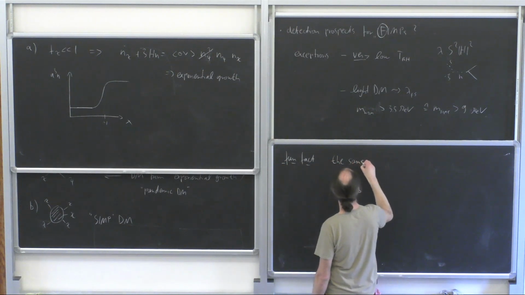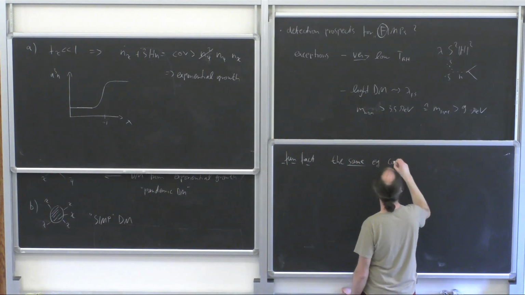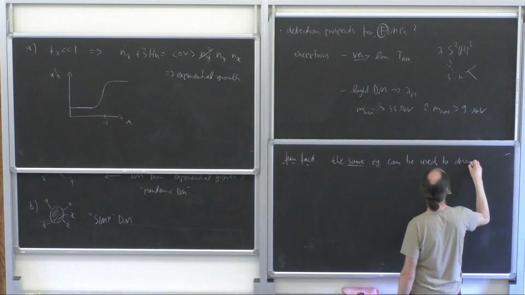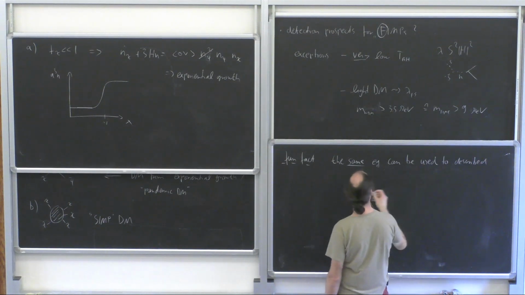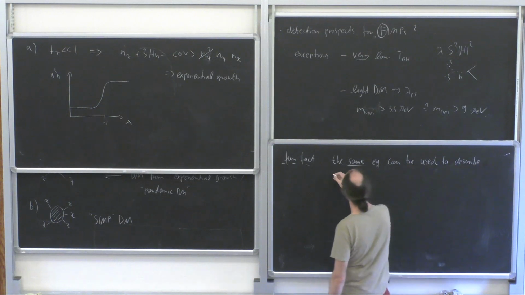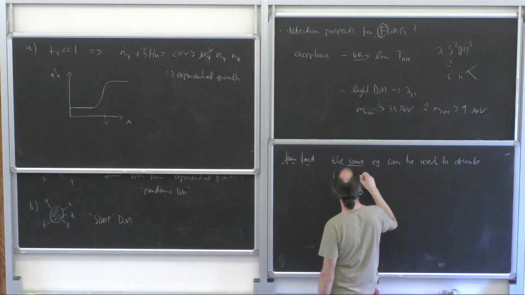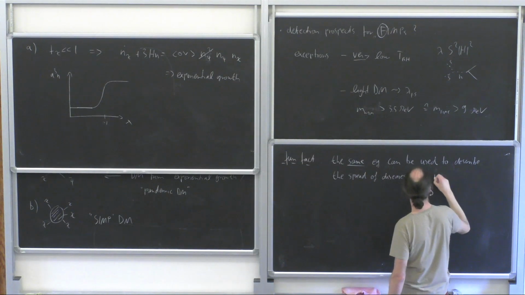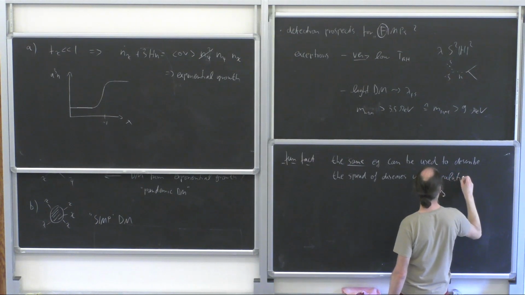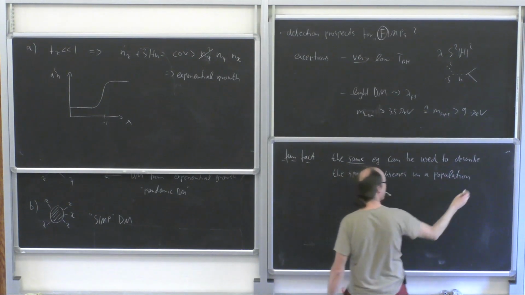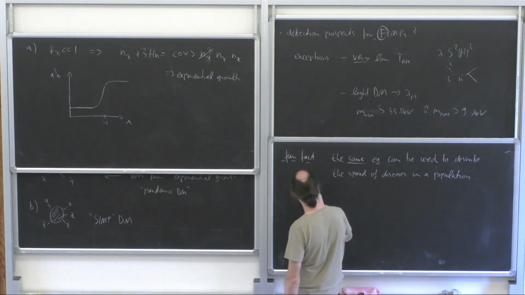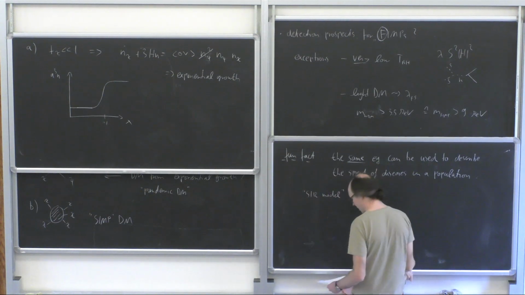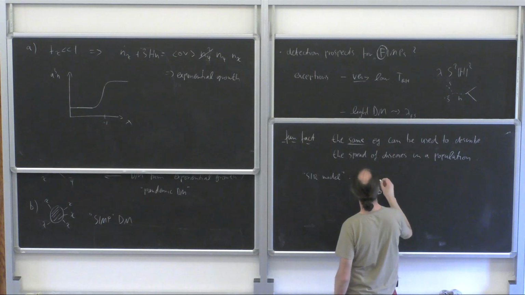So the same equation is in fact, in practice, used to describe the spread of diseases in a population. So this is known as the SIR compartmental model, and the way it is typically written is in this way.